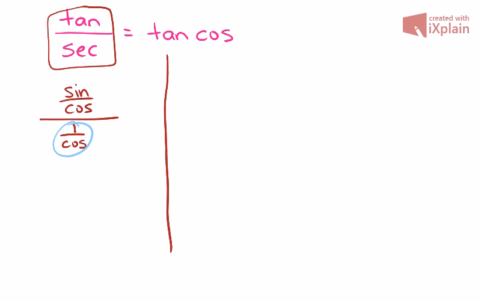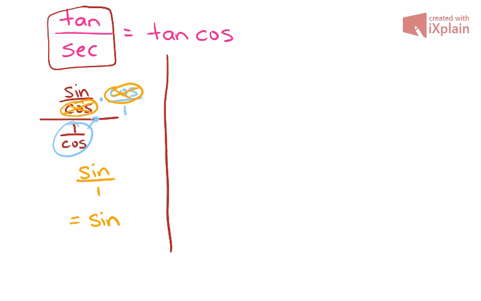So I'm going to take the bottom and flip it to cosine over 1, and I'm going to multiply. When we multiply, see if terms on top and bottom match. I have a cosine here, one's on top, one's on bottom, so they cross each other out, and I'm left with sine over 1, which equals sine, because that 1 on bottom is understood, so we don't have to write it.